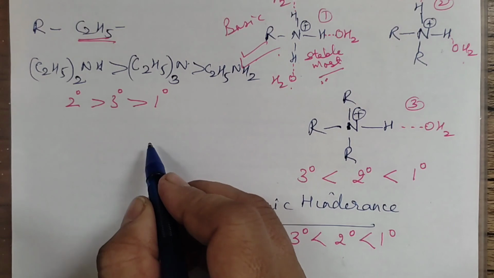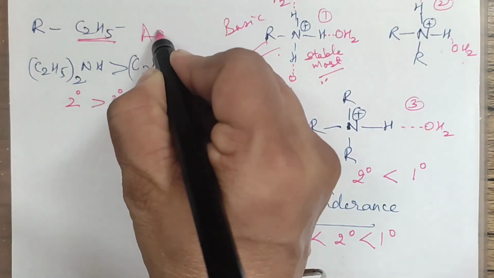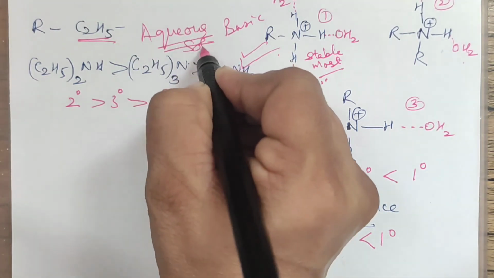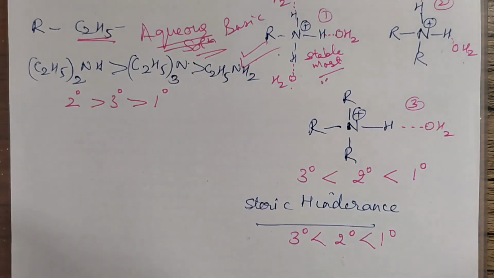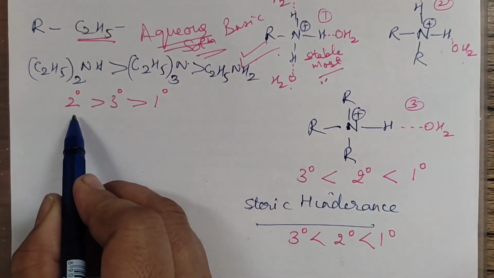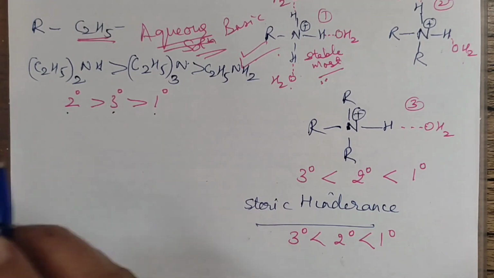This is the order when we are talking about the aqueous solution. Which three effects are you putting together? Inductive effect, solvation effect, and steric hindrance. Putting all together, the order comes out to be this. 3 degree is in between, maximum is 2 degree, and least is 1 degree.